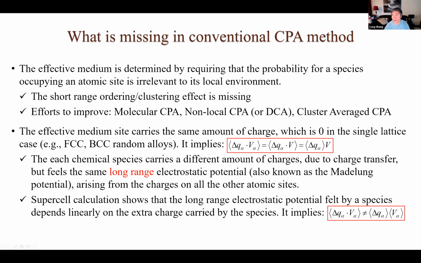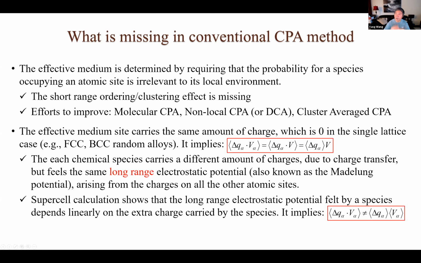So with the KKR-CPA approach, even if you calculate charge densities, when you construct a new potential, you need to correct it by adding this term here.